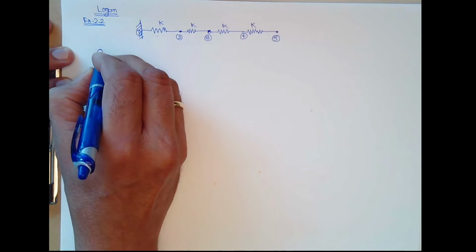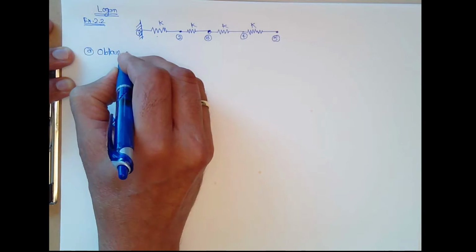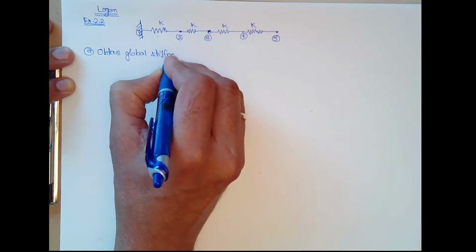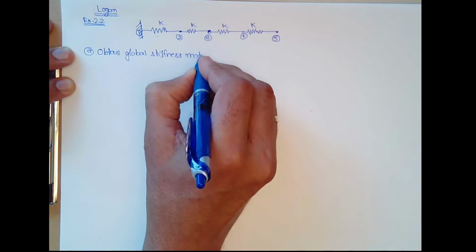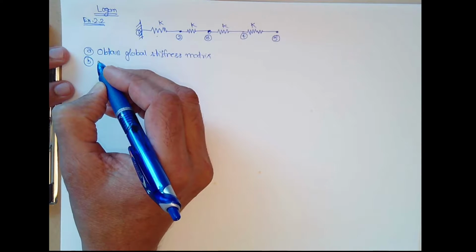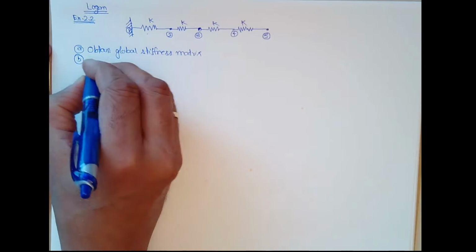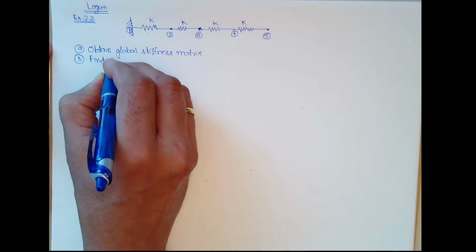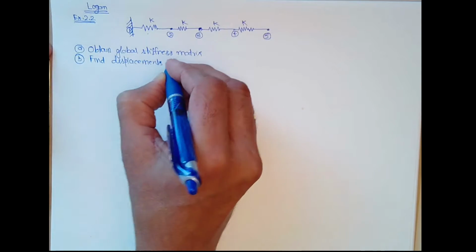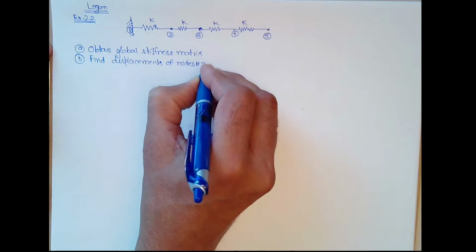Question is obtain global stiffness matrix. This is one. Second problem is it is telling you to find displacements of nodes 2 to 4.